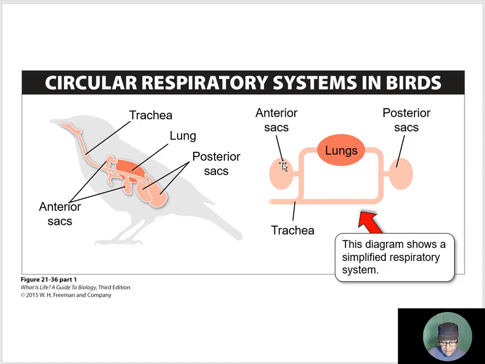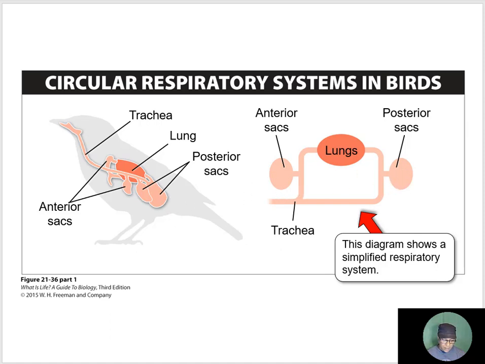These are the anterior air sacs, which are shown here in the illustration of the bird. And then we have the posterior air sacs, which are here. This is a very simplified version of their respiratory system, but basically explaining how they're able to still fly and exchange gases at such very high altitudes at such low oxygen pressures.